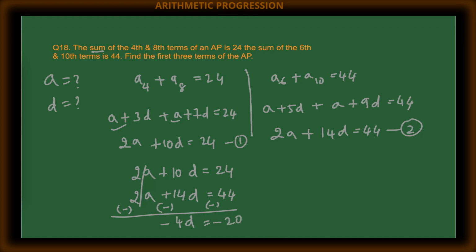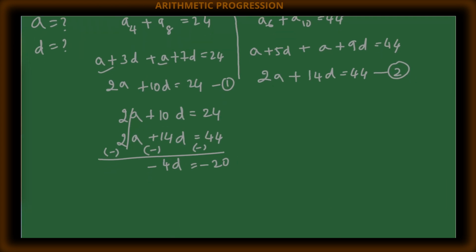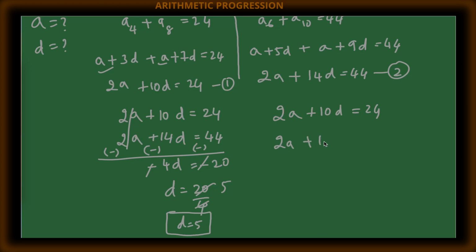So the minus gets cancelled. D is equal to 20 by 4. Does 4 go? Yes, 5. So D is equal to 5. Now we got D. Once we get D, we can find our A by putting it in one of these equations. Let's put it in 2A plus 10D is equal to 24. So we have 2A plus 10 times D, what is D?